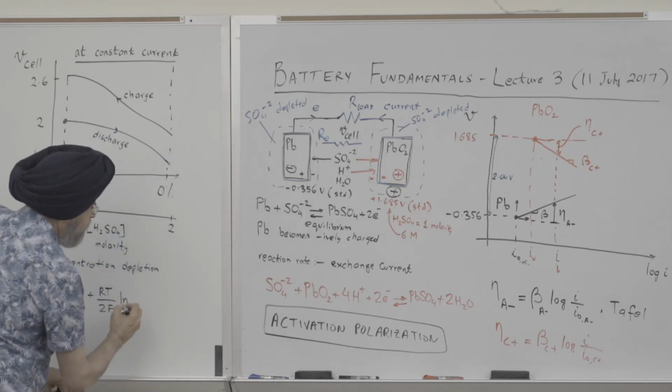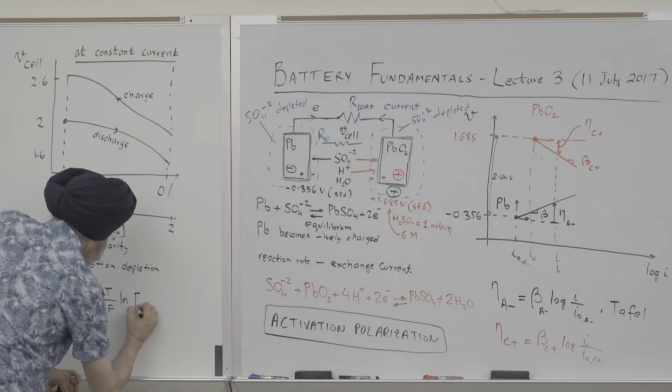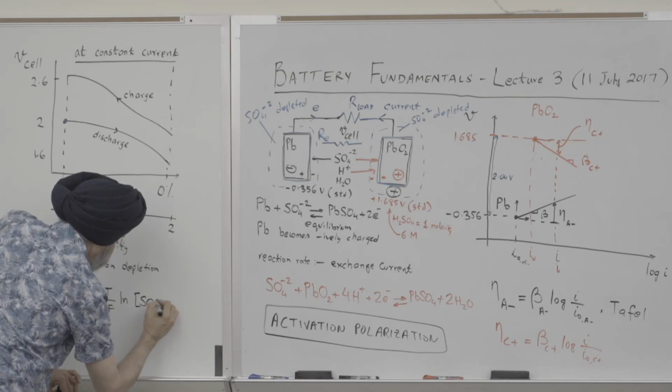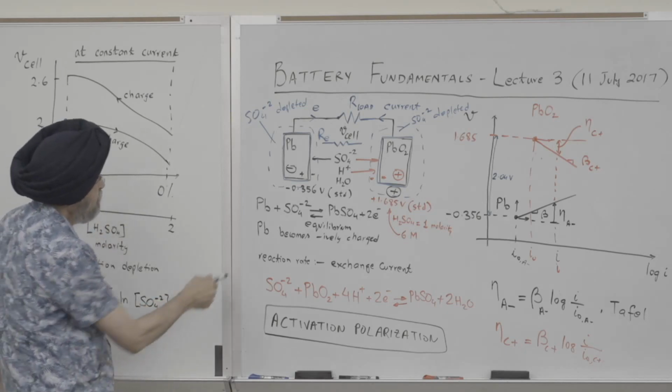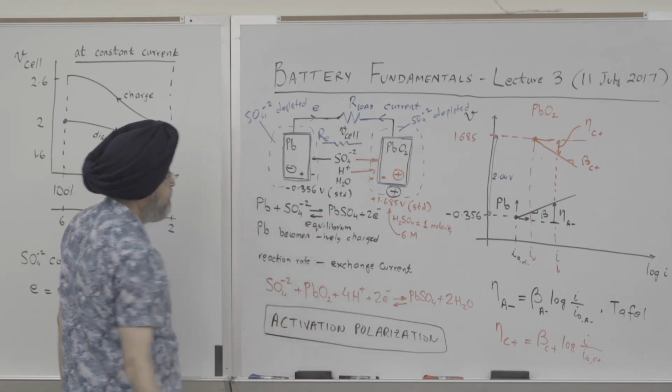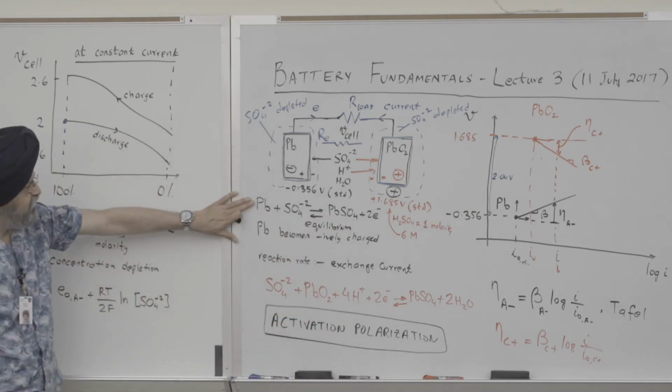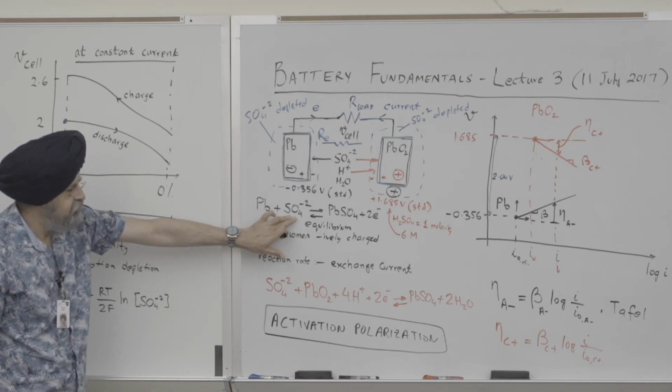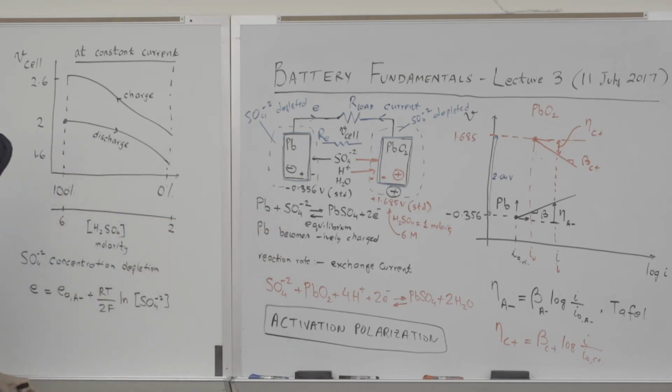The only reactant to consider is sulfate ion, because for lead and lead sulfate, the activity we can consider to be 1. So the only active species here is sulfate. So this is the equation.